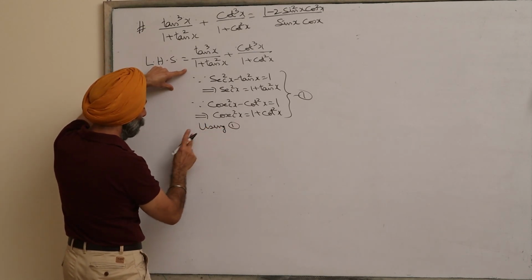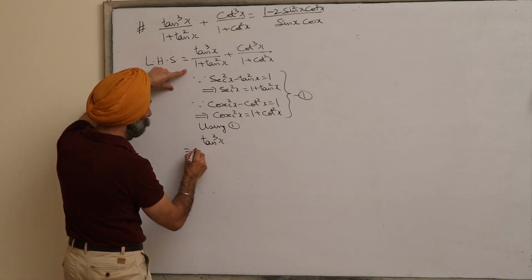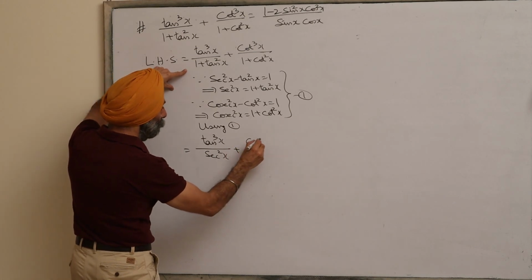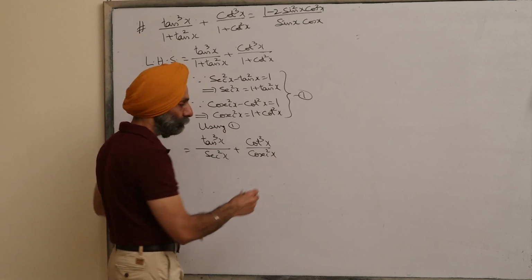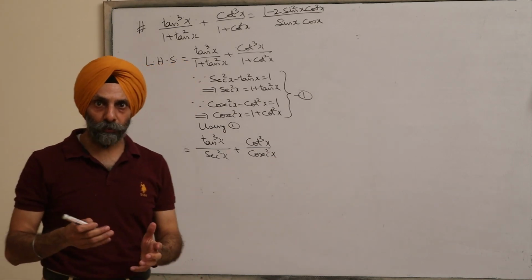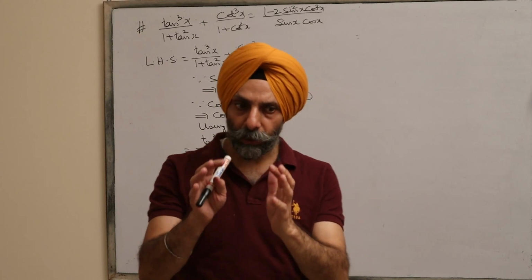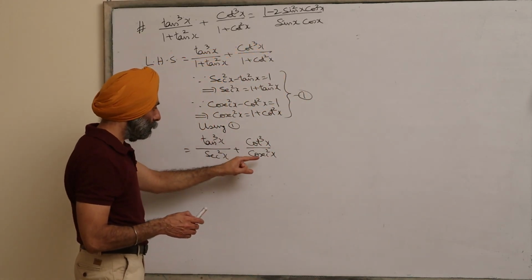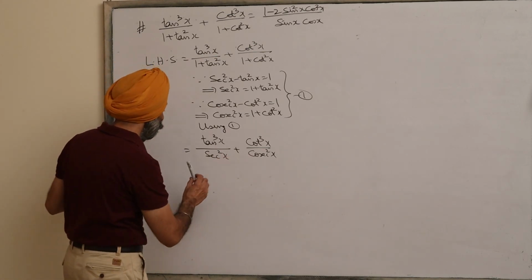the above can be written as tan cube x upon secant square x plus cot cube x upon cosecant square x. So as we did in the previous question, you simply change all the terms containing tan, cot, secant, cosecant in terms of sine and cos.